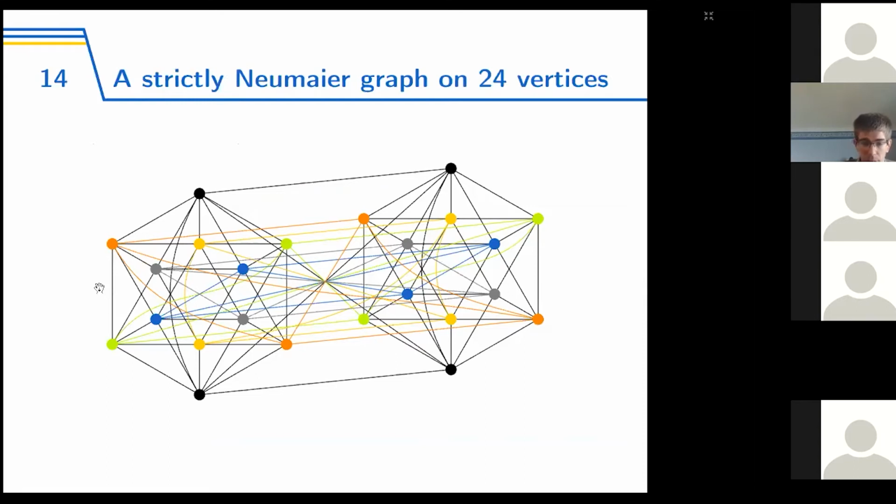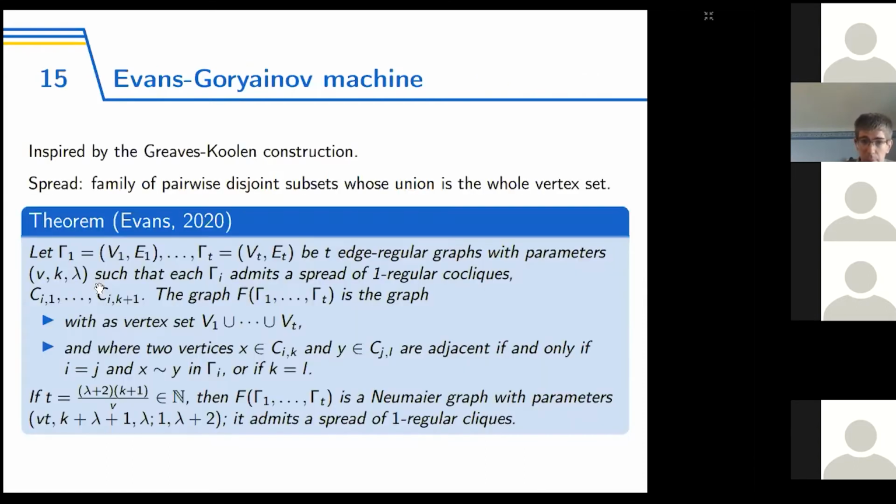They don't have to be isomorphic as long as they have the same parameters. And they must admit a spread of 1 regular co-cliques. So that's what we saw. We had, well, I used colors to indicate them. We have partitioned the graph into co-cliques, and each of these co-cliques is 1 regular. And then you make a new graph with as vertex set the union of all these vertices, and you connect 2 vertices if they are adjacent in their copy already, or if they have the same color.